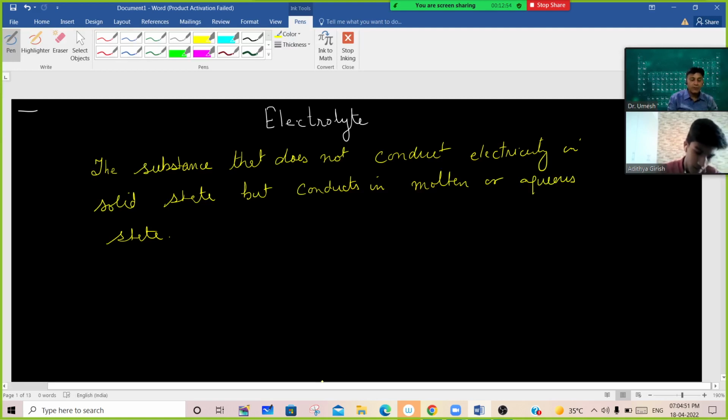A substance which conducts electricity in molten or aqueous state, but not in the solid state.